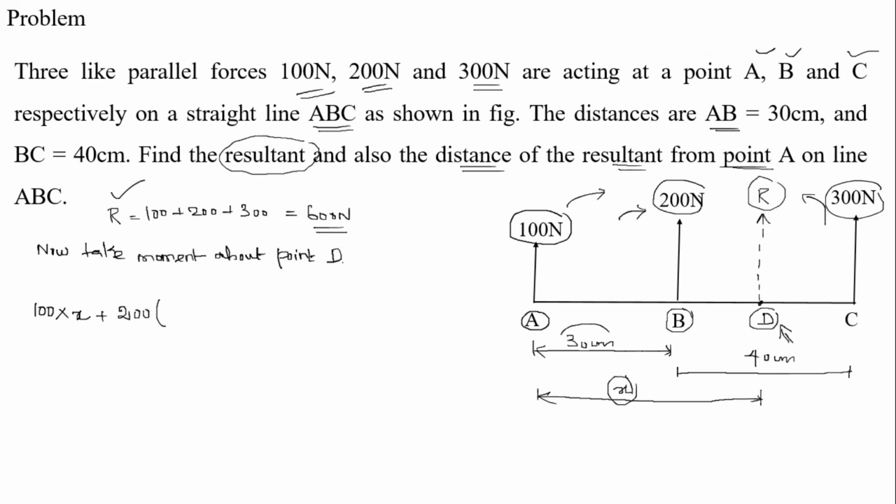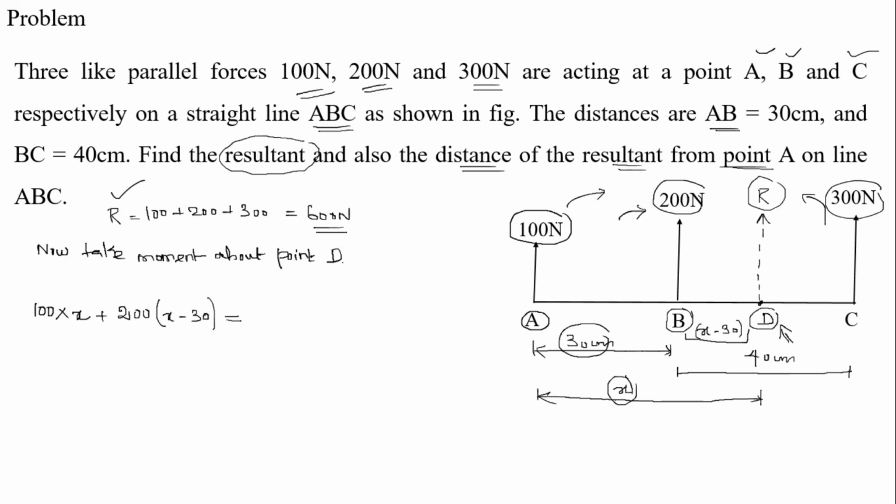Here it is 30 and here x, so x minus 30 is the distance between B and D. This 100 Newton and 200 Newton are both clockwise, that is why plus, and this 300 Newton is acting anti-clockwise.